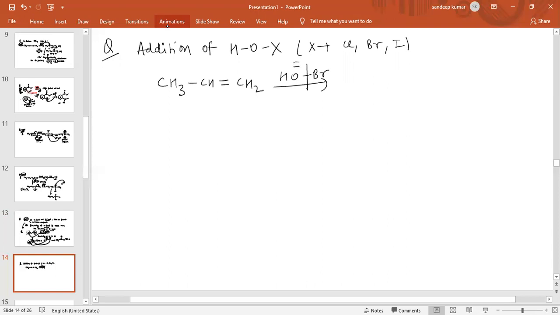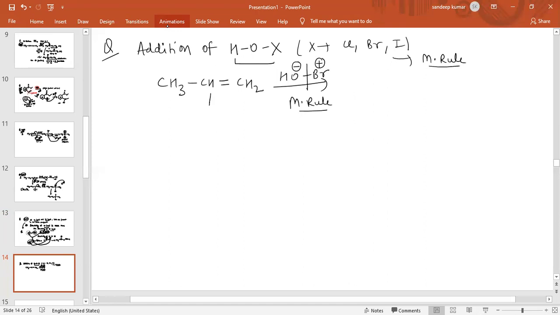Therefore oxygen will bear the negative charge and bromine will bear the positive charge. Addition will follow Markovnikov's rule, so addition of HOX also follows Markovnikov's rule.